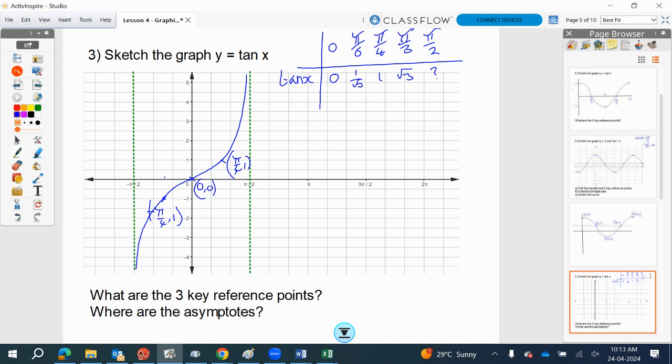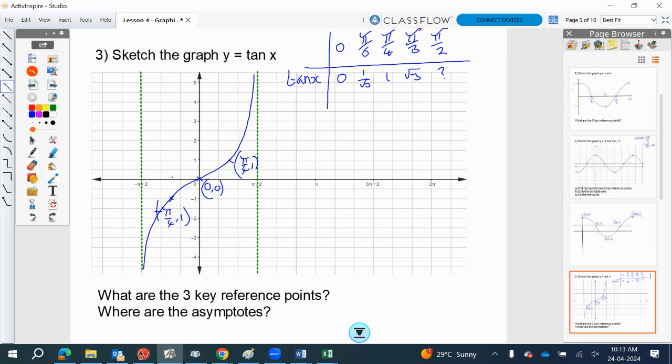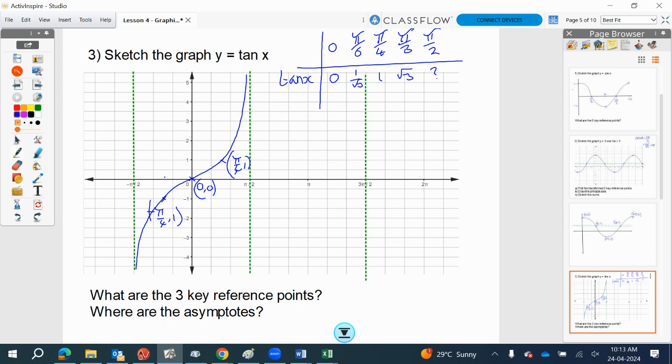And then it repeats. If I want to continue the curve, this is a period of pi. So this is pi over 2. This is 3 pi over 2. So our next asymptote would be there. It's going to go through this point, this point, this point, and it's just going to keep repeating like this.